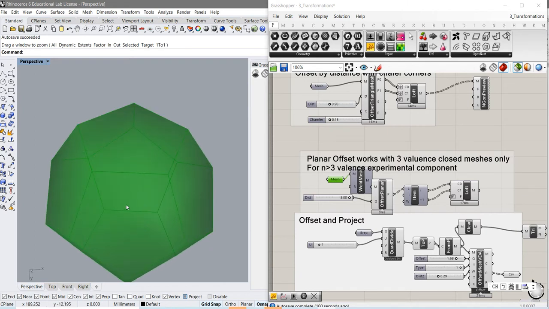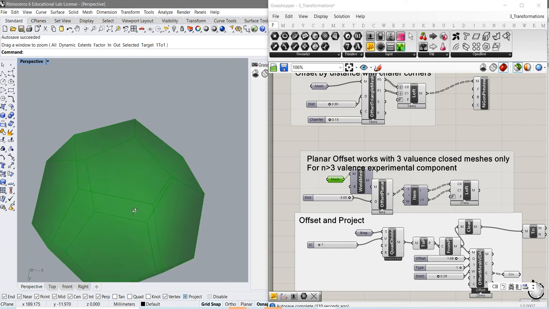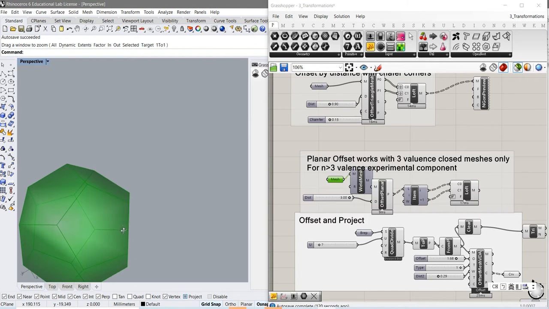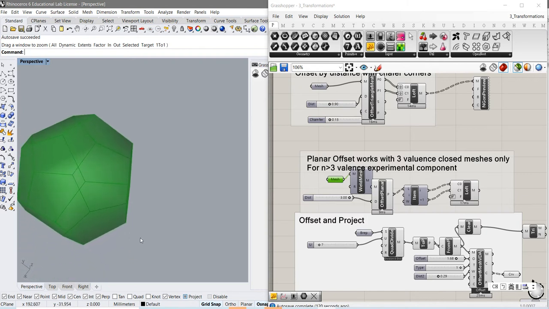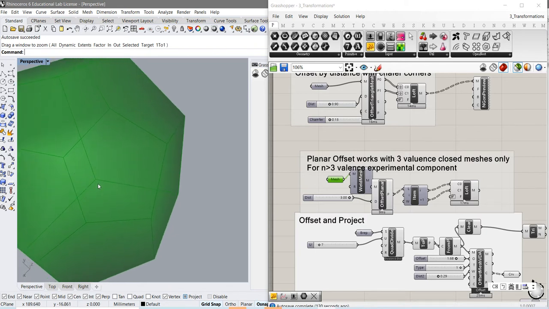I think I have explained what is valence before, but if you don't remember, you can make a guess. What does it mean by 3 valence? Take a look at these vertices. How many surfaces are intersecting at this vertex?